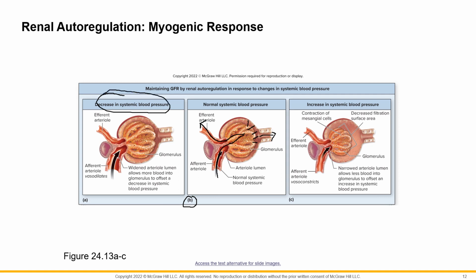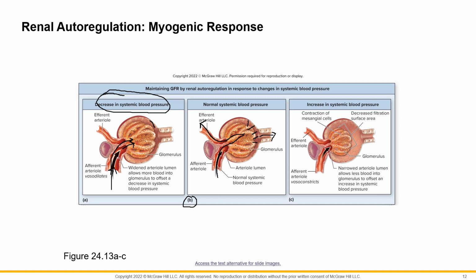Now, when your blood pressure decreases, what's happening is that less blood is going into the glomerulus to begin with. So less blood going into the glomerulus means that less filtrate is produced. And that's what is throwing off your GFR. It is decreasing your GFR because low incoming blood equals low amount of filtrate produced.